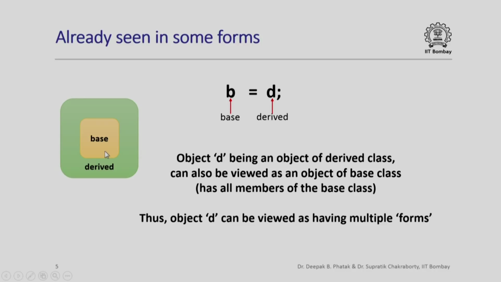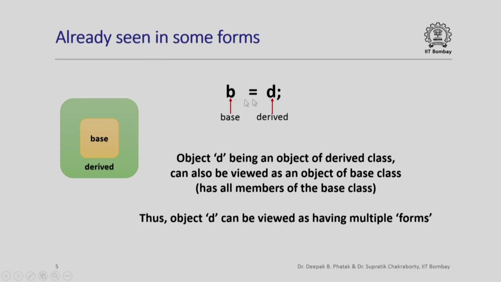So, if I want to use an object of the derived class as an object of the base class like in this assignment, I can use D like an object of the base class as well. So, the object D can therefore be viewed as having multiple forms, either an object of the derived class or an object of the base class, depending on the context in which I want to use it.